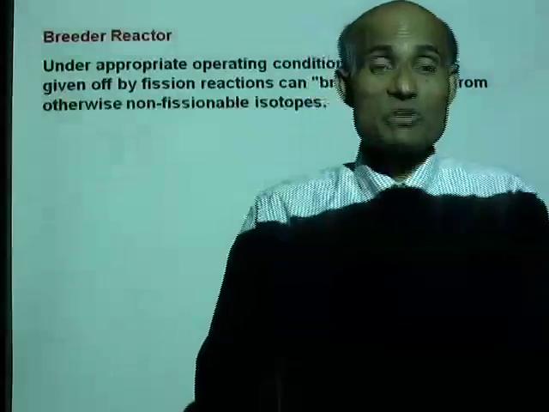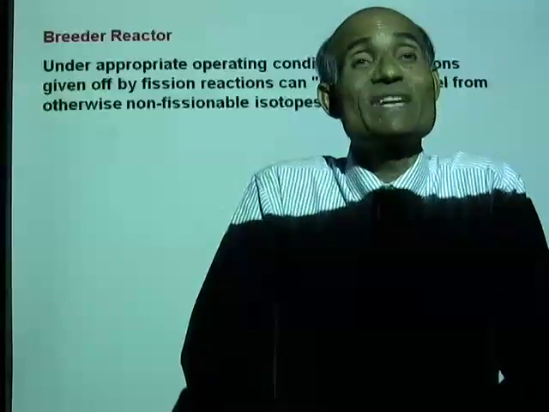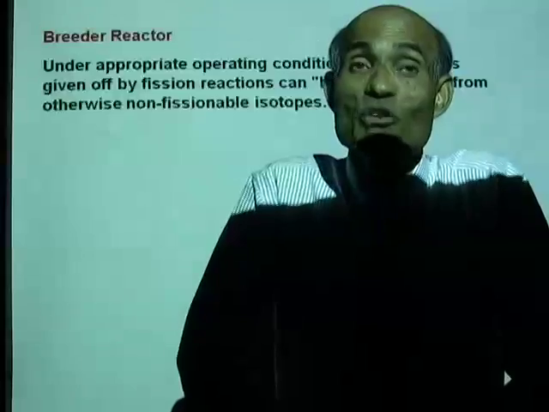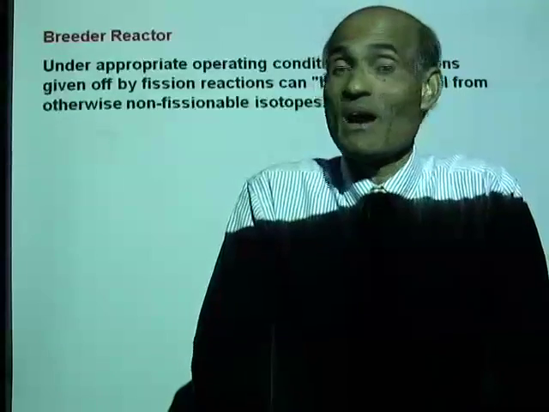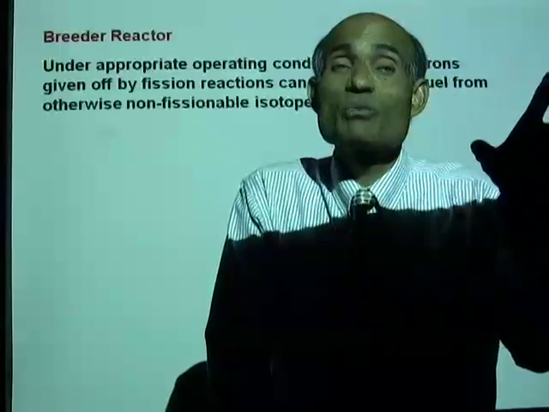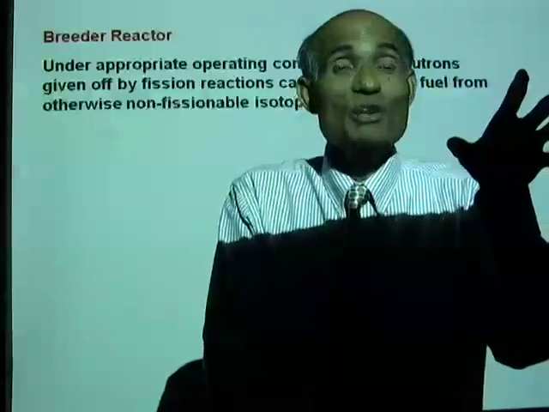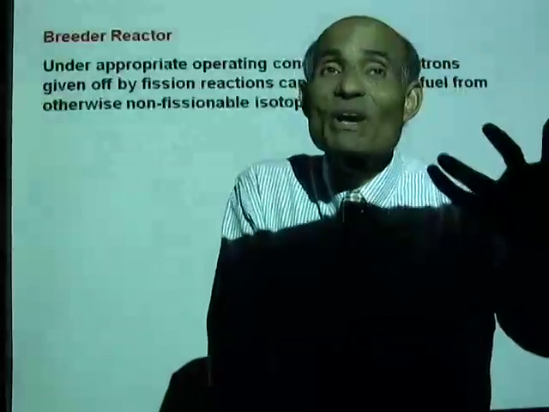Well, I told you that most of the uranium that is available naturally is non-fissionable uranium-238. And remember, the fuel that is used in the nuclear reactor is not pure fissionable material. It is enriched uranium.